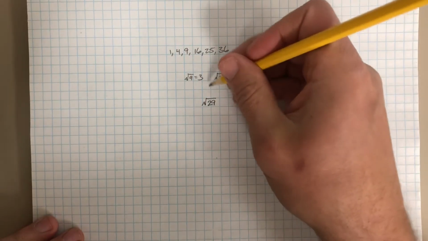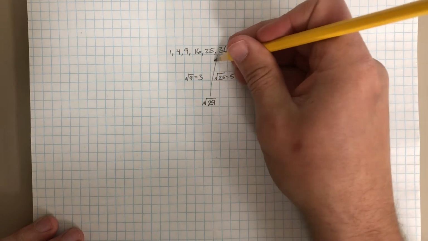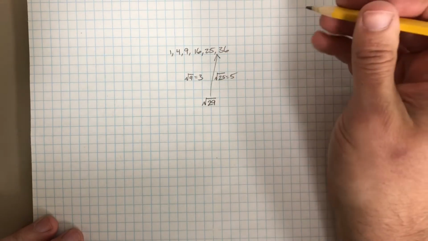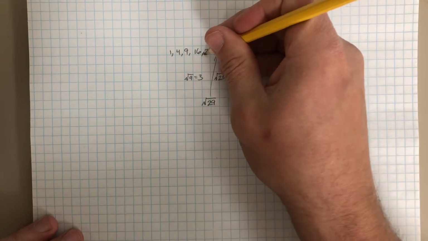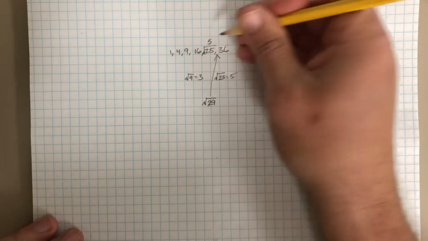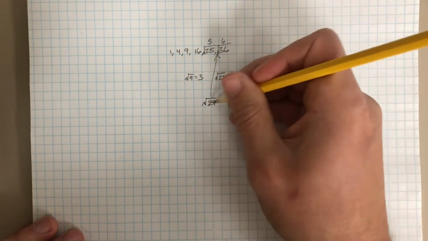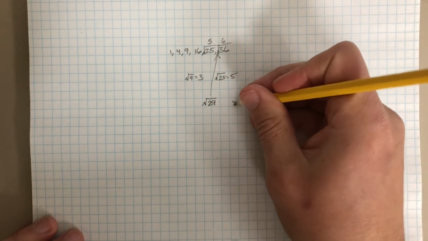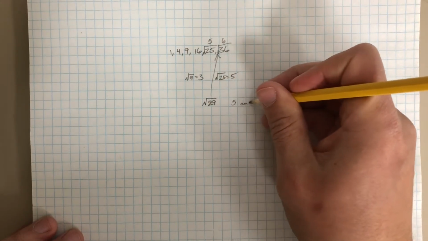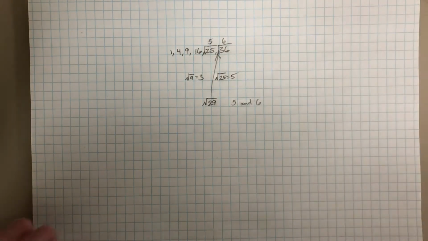And we can see that 29 fits between 25 and 36. And we know the square root of 25 is 5, and the square root of 36 is 6. So the square root of 29 is somewhere between 5 and 6.